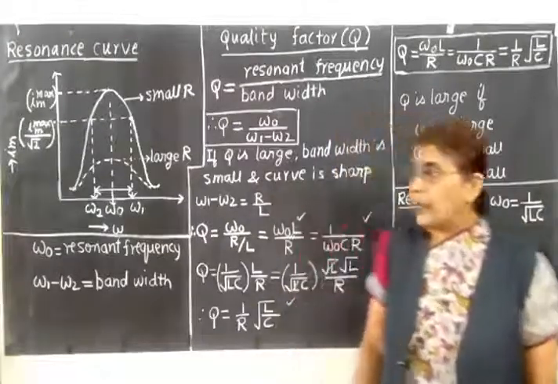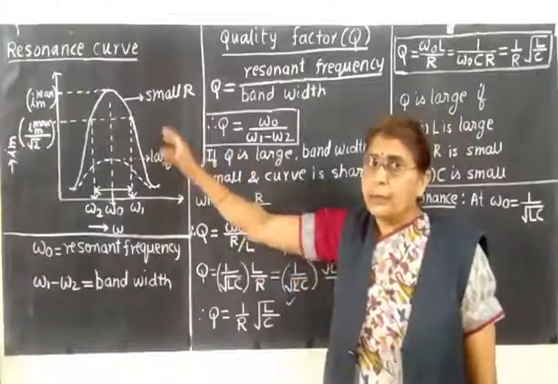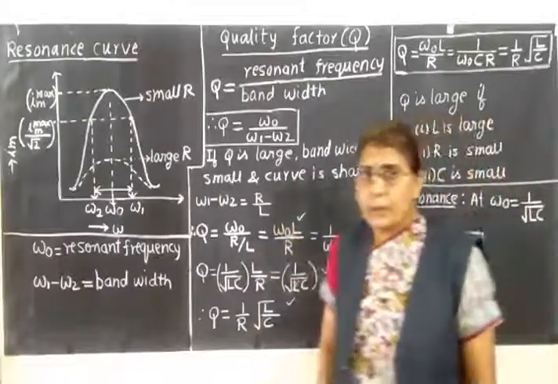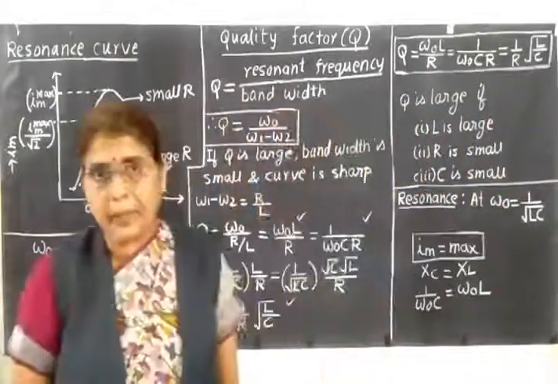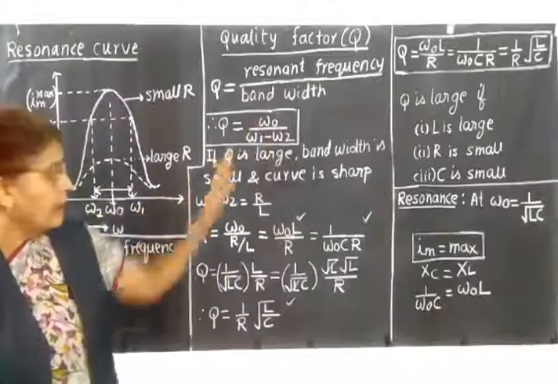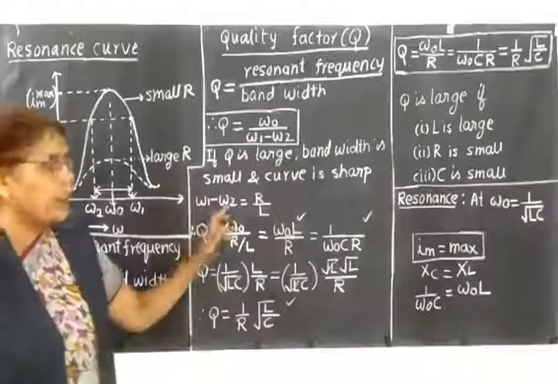Now, we shall find out the value of bandwidth. The bandwidth from the graph is shown to be R upon L. So, we shall put the value of bandwidth and simplify. Q is equal to omega 0 as it is upon omega 1 minus omega 2. What is the value of the bandwidth?